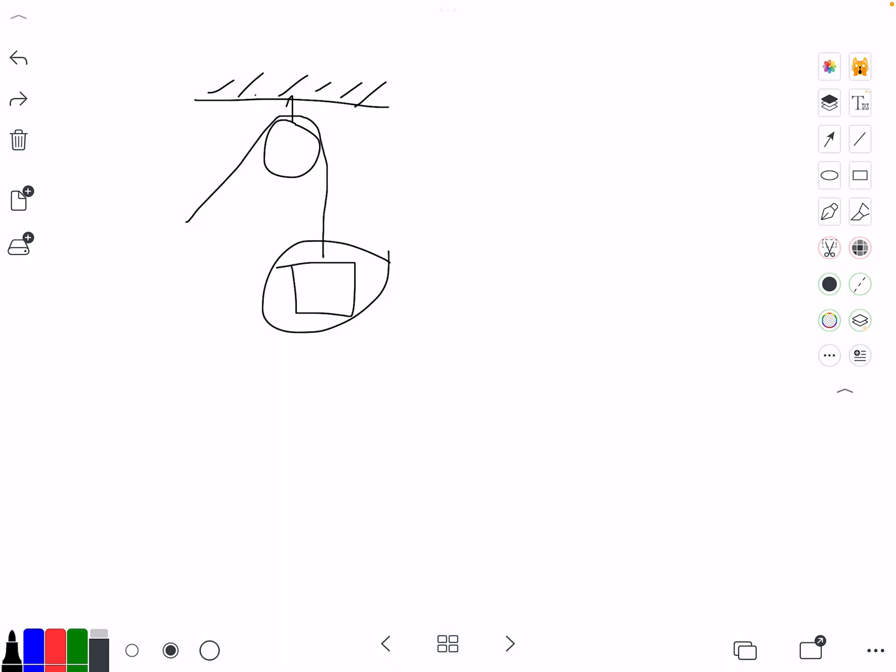Another assumption we're going to make is that the friction forces on the pulley are negligible. That would be, for example, maybe the bolt bearing friction, or if the rope slips or any kind of friction in the rope, that would also be negligible.